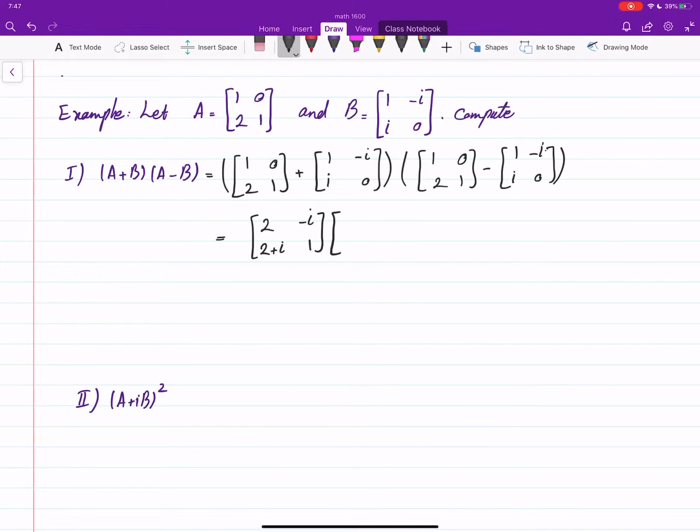This other one, 1 plus 1 is 2. This will be plus I, and then 2 minus I, and 1.